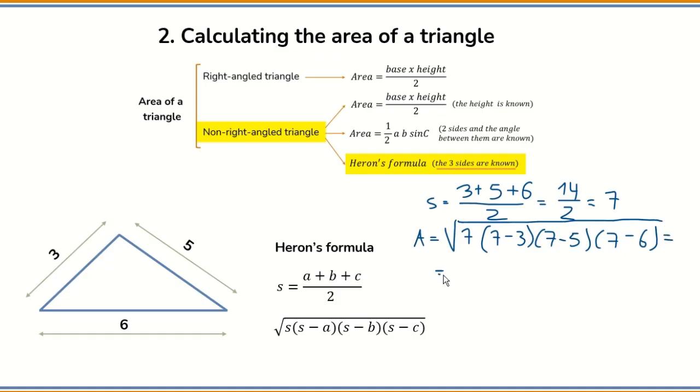This is the square root of 7 times 4 times 2 times 1. And this is the square root of 56. So the area of this triangle is 7.48.